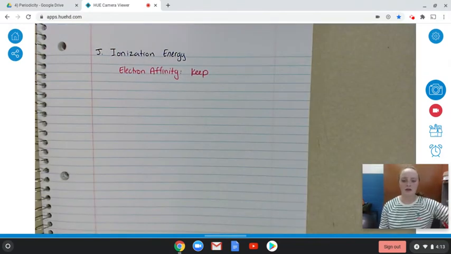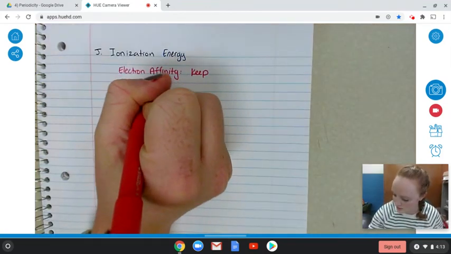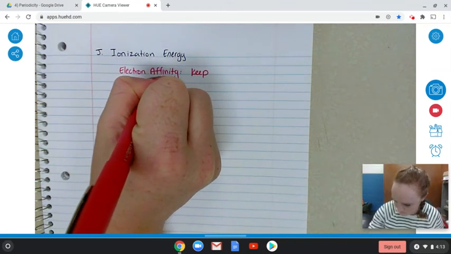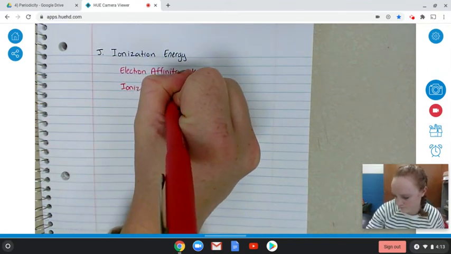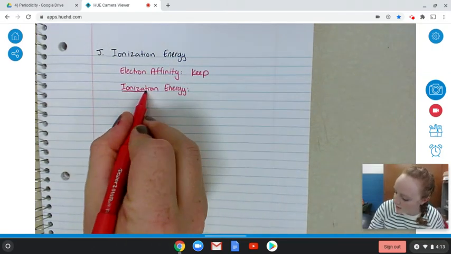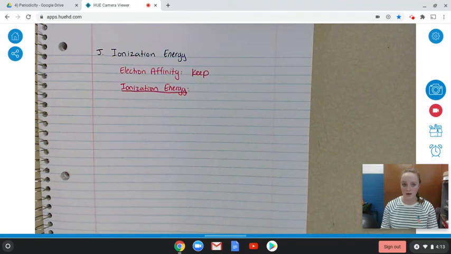So electron affinity is all about the tendency to keep those electrons. Ionization energy is similar, and in fact, it actually follows the exact same trend. It's just focusing on a different relationship.